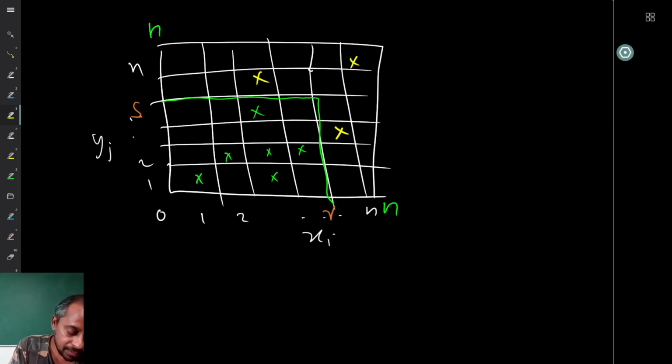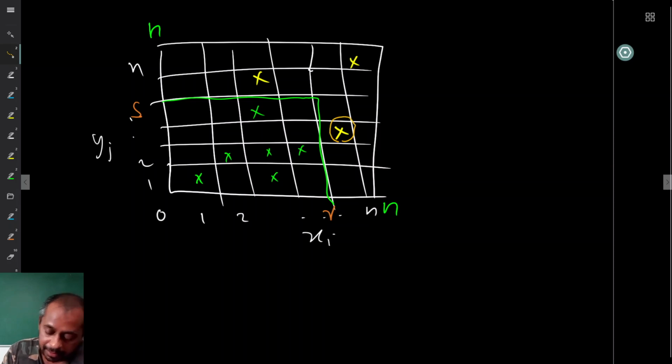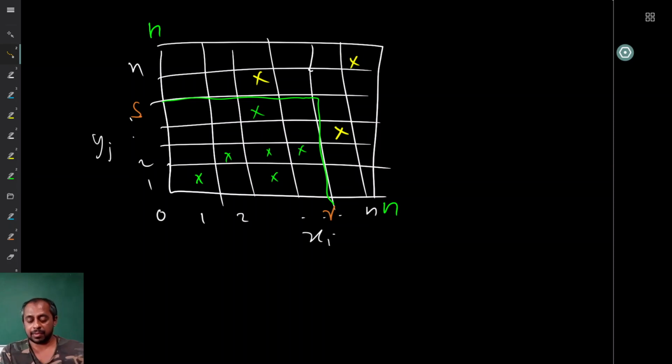Now, if the cross appears here, it means that for some pair xi, yi, xi had crossed r, which means that the longest increasing subsequence is greater than or equal to r plus 1. If it was here, yi had crossed s, so therefore the longest decreasing subsequence is at least s plus 1. And similarly, if it is here, both might have happened, so the longest decreasing subsequence as well as the increasing subsequence are at least s plus 1 and r plus 1.